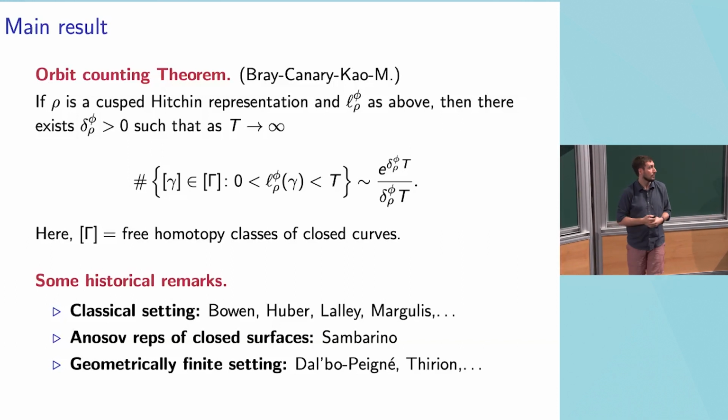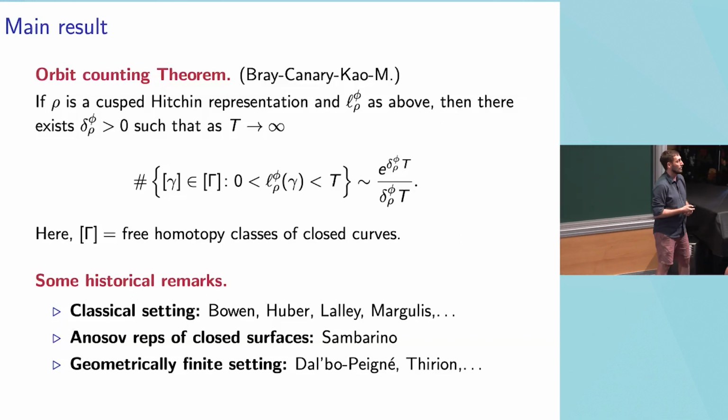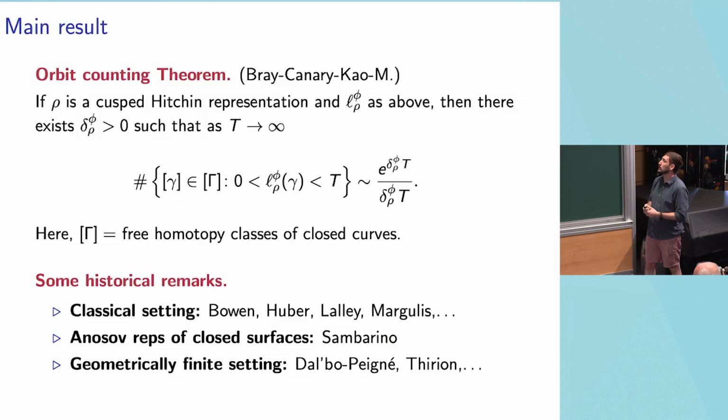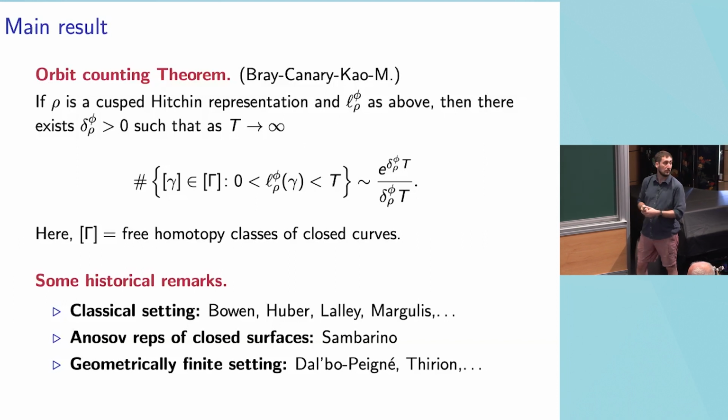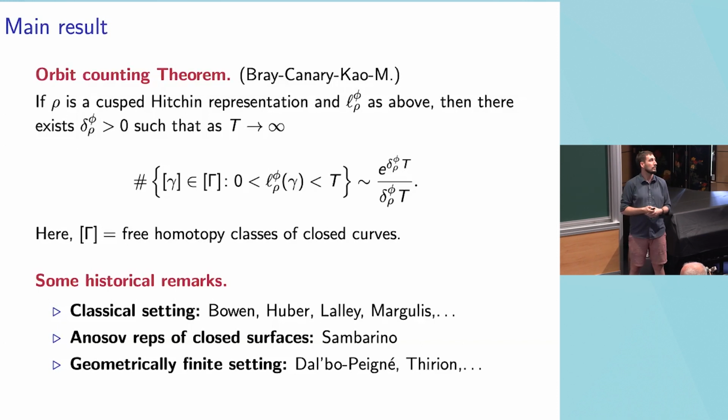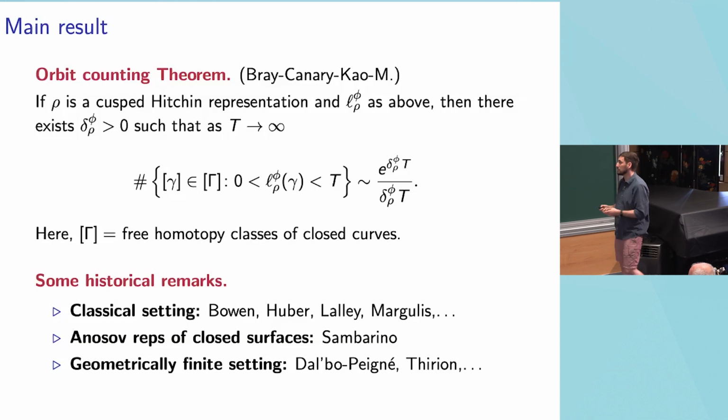Isn't there... did Sambarino get rid of the constant ever? Which constant? I thought in the quantitative representations paper, isn't there a constant that you have, or no? Am I wrong? Is Andres here? I think the constant occurs when you count with the Cartan projection. Okay. This is counting with the Jordan projection. Okay.